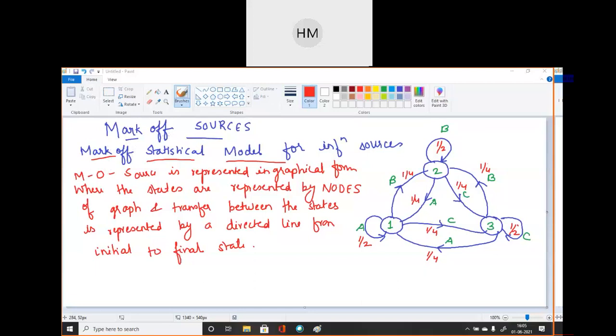Okay. So students, write down the next topic, Markov sources.